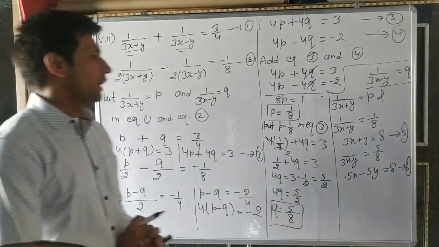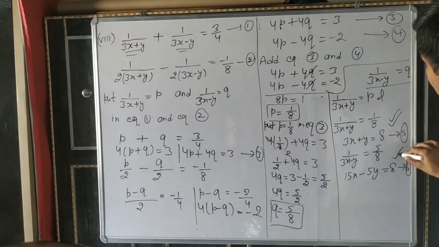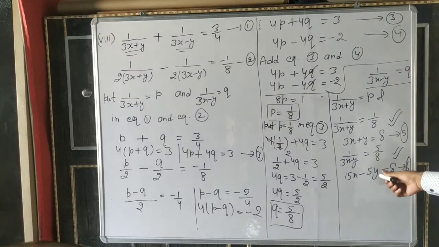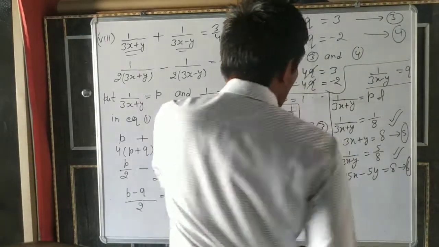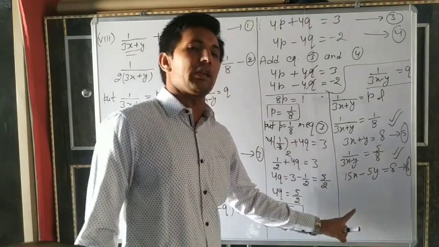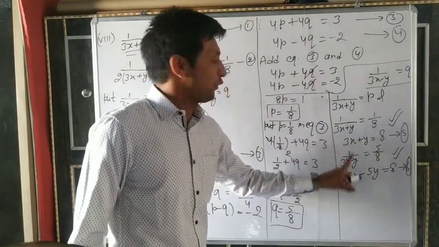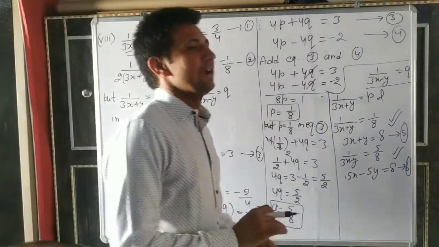But we want to find the value of x and y. Again we get two more equations, and we want to find the value of x and y from these two equations. So how will you find? By elimination method or substitution method. You will do it yourself. From equations 5 and 6 you can find the value of x and y.